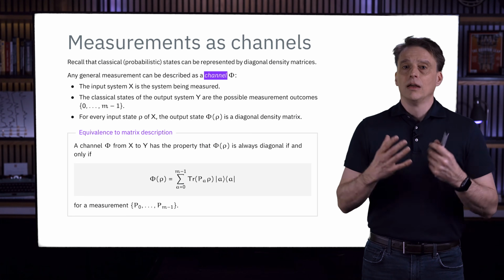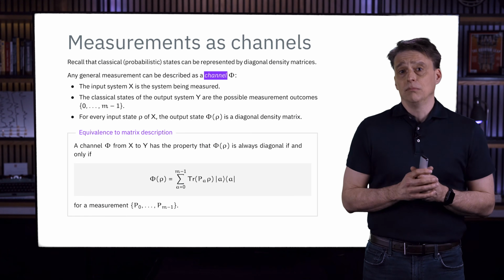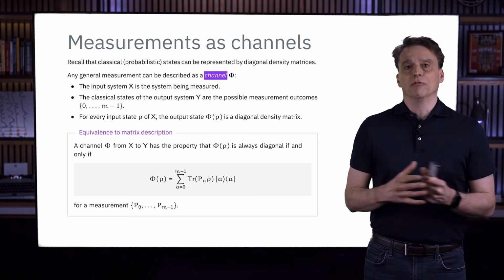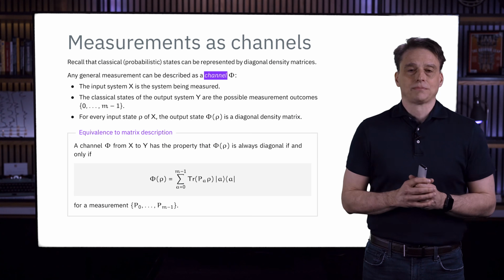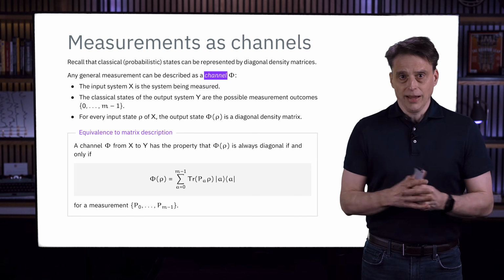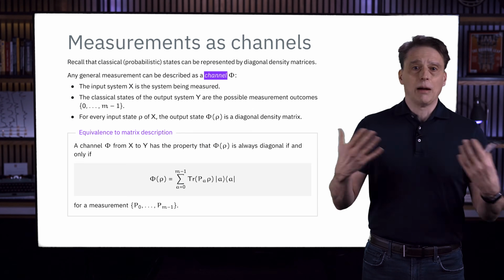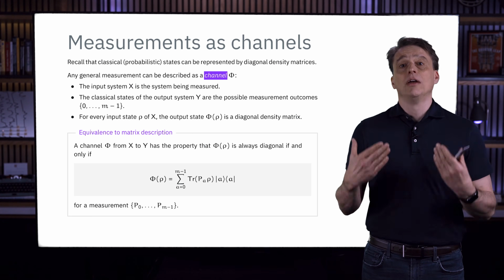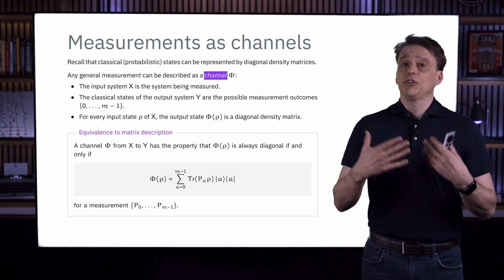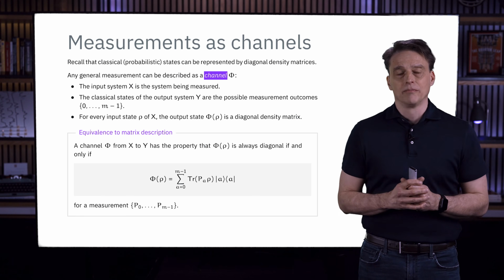identity. And that's nice for multiple reasons, including the fact that it basically tells us that our definition of measurements as collections of matrices isn't missing anything. Another way of saying that is that this way of thinking about measurements as channels is operational, or axiomatic perhaps, in the sense that it captures what a measurement should be, which is a physical process that transforms quantum information into classical information.